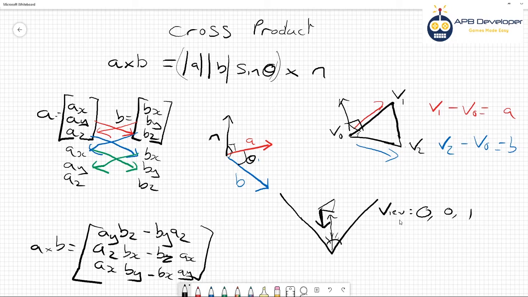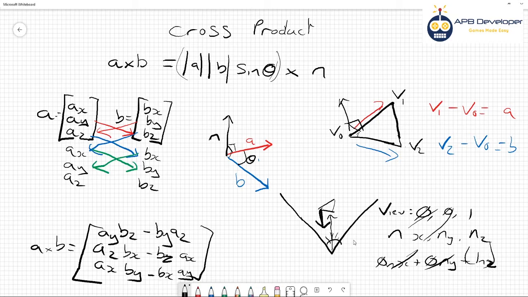If you take the dot product between these with n, nx, ny, nz, you're going to have 0 times nx plus 0 times ny plus 1 times nz. So effectively these all cancel out, and you're only really interested in this nz component.